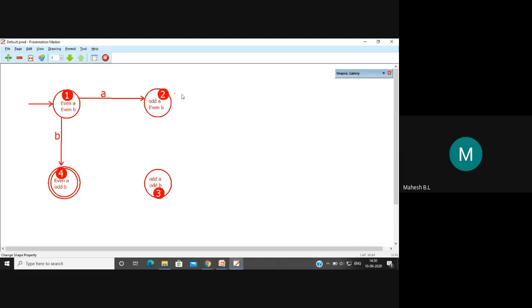Now let's consider state 2. State 2 is representing odd A, even B. Now you are in state 2, you read A. To which state does the DFSM make a transition?